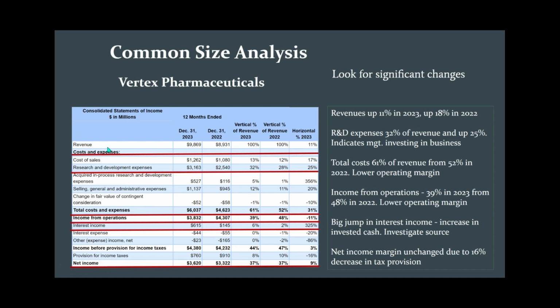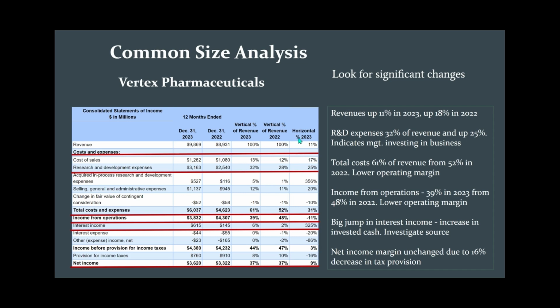For the vertical analysis, you can see we express everything as a percentage of revenues, starting with revenue itself, which is 100%, and down to net income, which is 37% of revenues in 2023. And that is also consistent with 2022. So it didn't change actually.